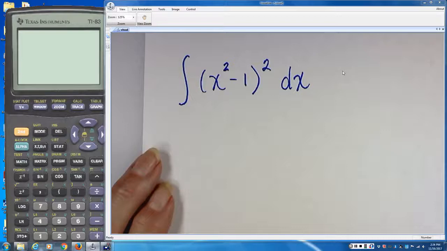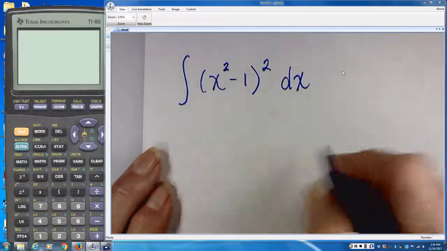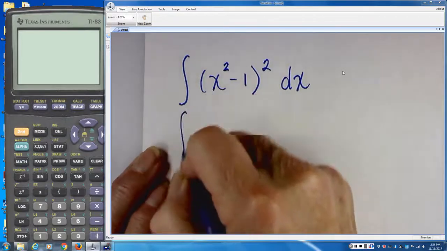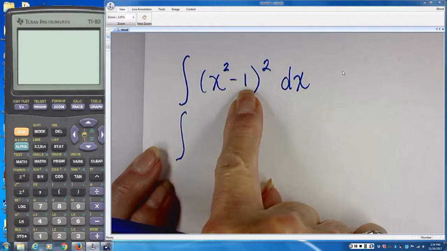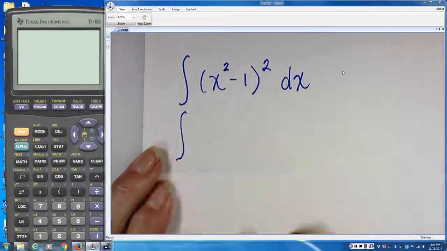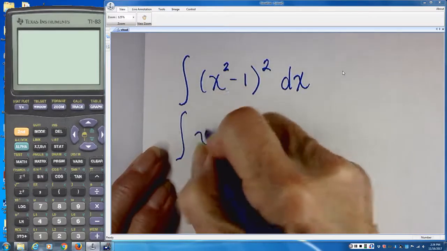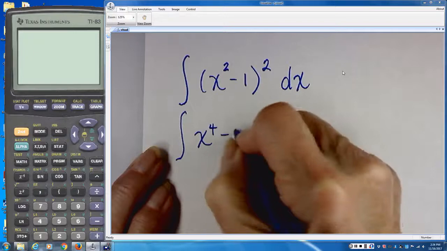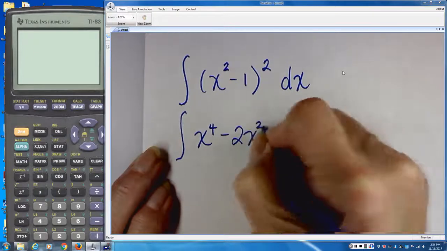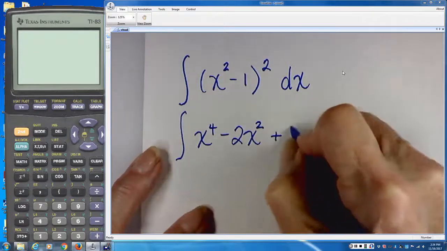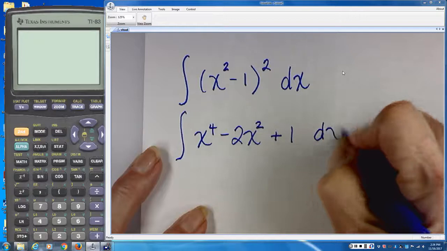So what we're going to do is change this into something that's just simply powers, which means we're going to multiply x squared minus 1 by itself. And that's going to come out to be x to the 4th minus 2x squared plus 1 dx.